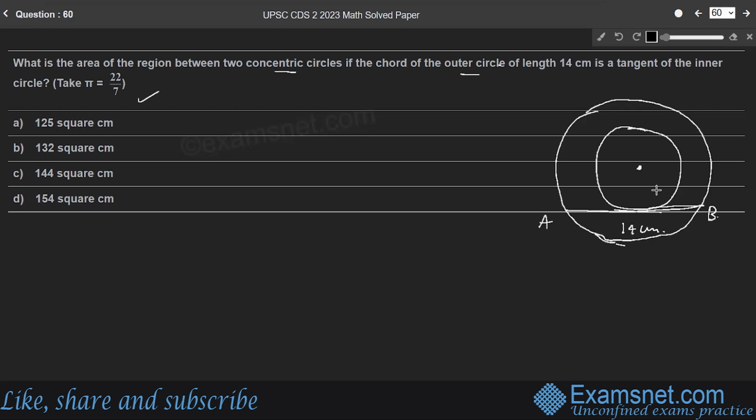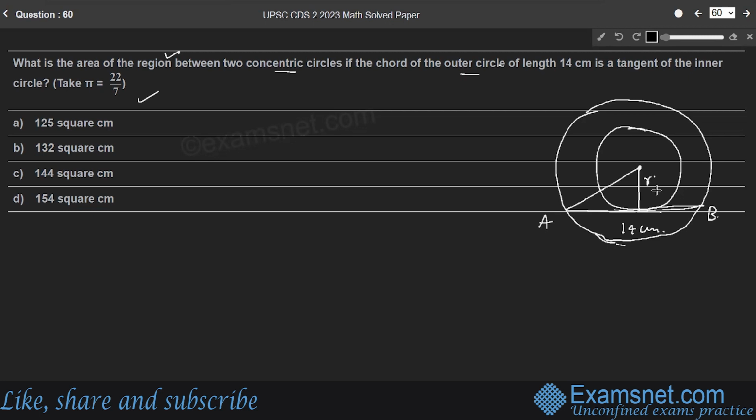Now, what is asked in the question? The area of the region between two concentric circles. For that, we'll consider the radius of the smaller and the outer circles. So let small r be the radius of the inner circle and capital R be the radius of the outer circle.